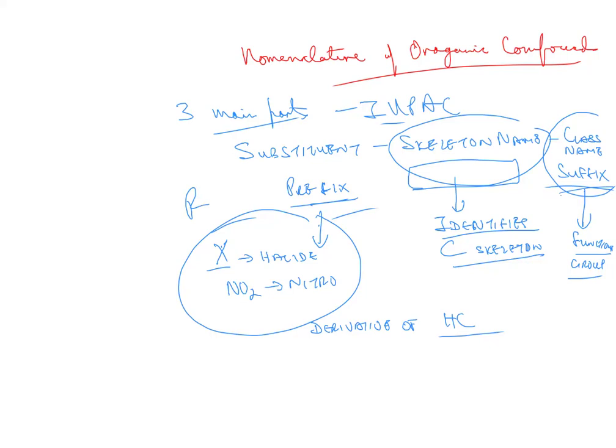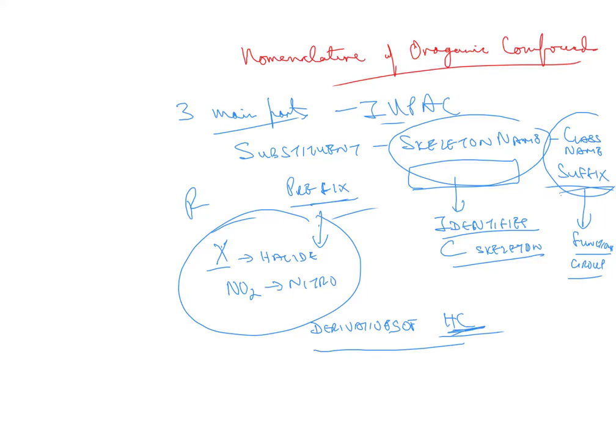But if we take halides, which is the ionic form of halogens, or NO2 nitro, we consider them always substituents, and they come as prefixes. But if they are the only ones in the group, no other functional groups are there, then we name them as derivatives of hydrocarbons. H means hydrocarbons. Okay, so that's the first part.